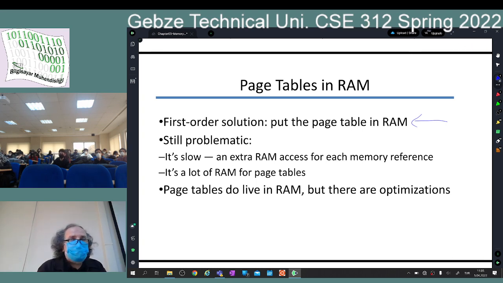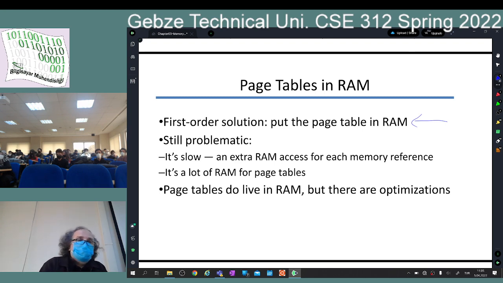It is slow, with an extra RAM access for each memory reference. That's unacceptably slow. And it also takes lots of RAM. Spending megabytes of memory space to keep the table is going to be a lot of memory usage, and we like to be careful about our memory usage too.